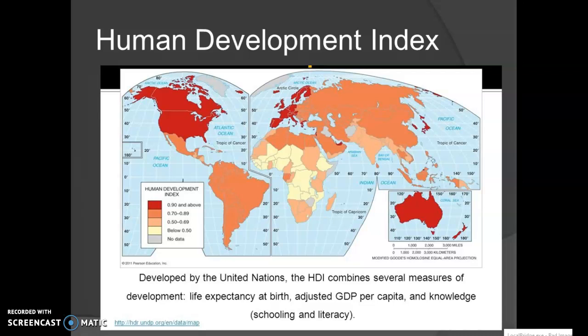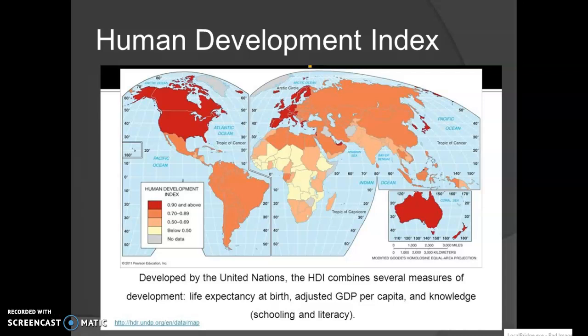We know that the core countries, what you may see sometimes in review called MDCs, more developed countries, tend to be higher on that index than countries that are LDCs, or less developed countries. So again, the core looks good, the semi-periphery is right in the middle, and the periphery are typically on the bottom.